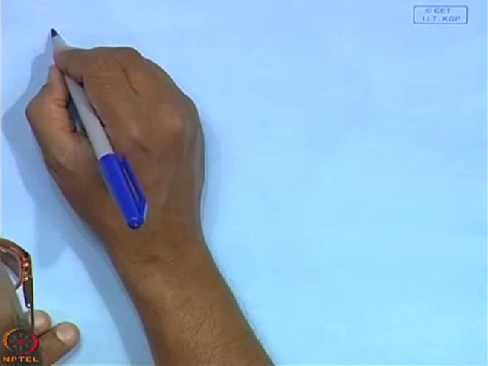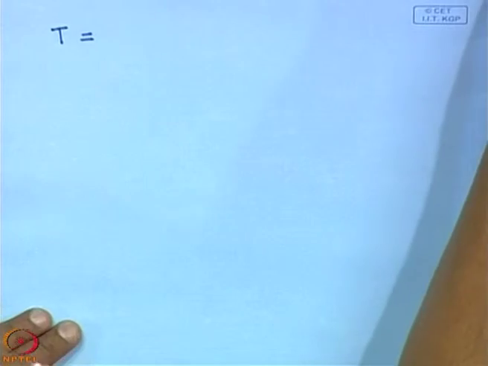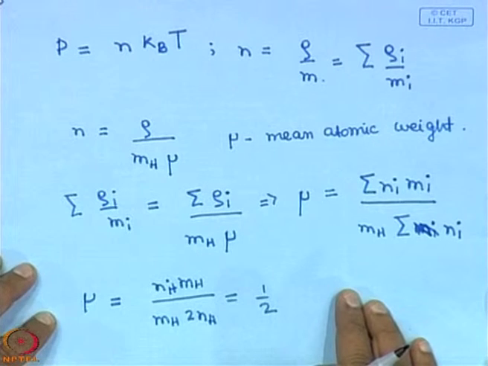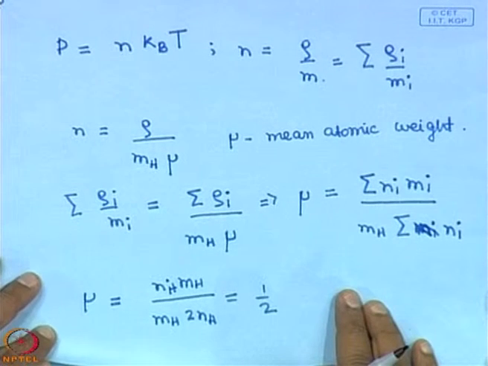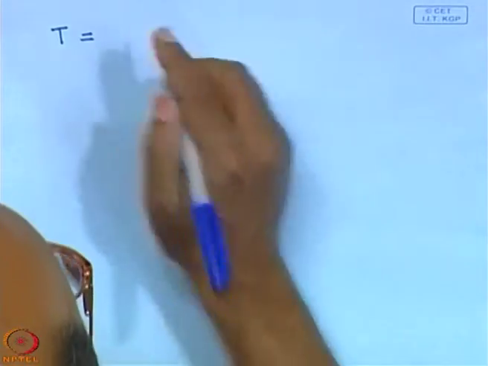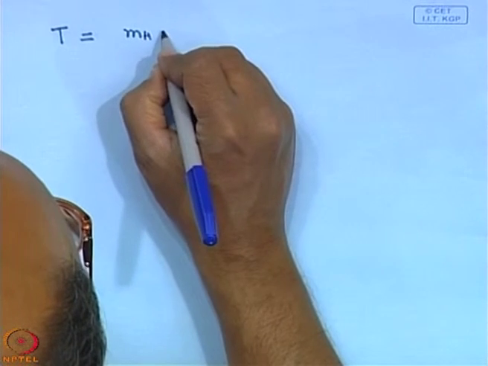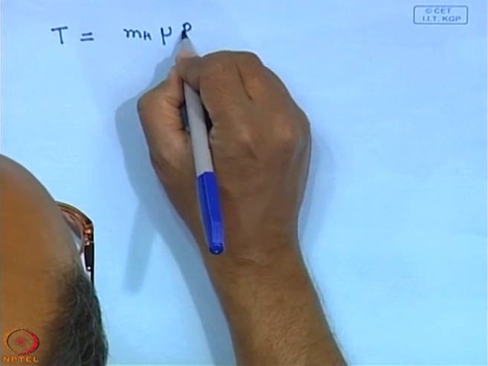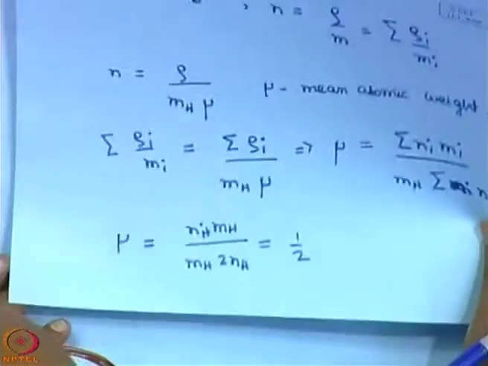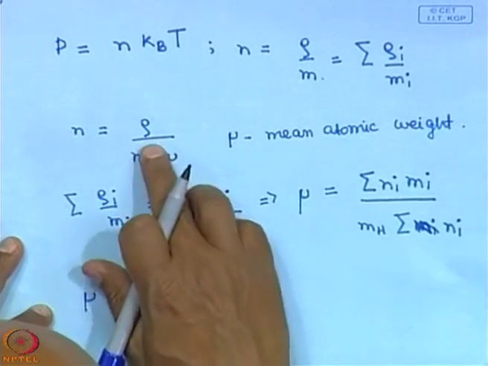So all that you have to do to estimate the temperature is, T is equal to, so the temperature is equal to m_H mu P divided by rho into k_B.